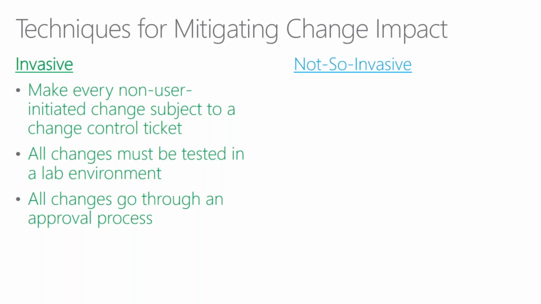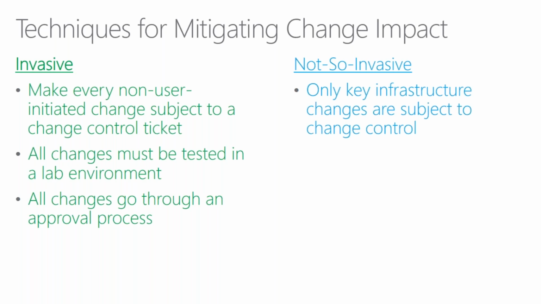And then there's the not so invasive stuff that I think is probably good, or at least helpful, for most shops in terms of how they manage change. So things like key infrastructure changes being subject to change control.